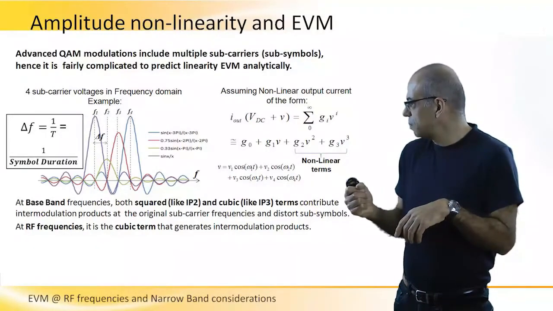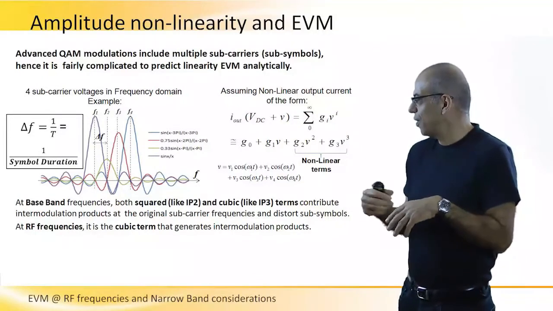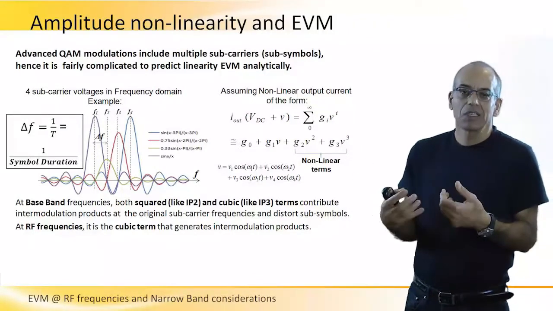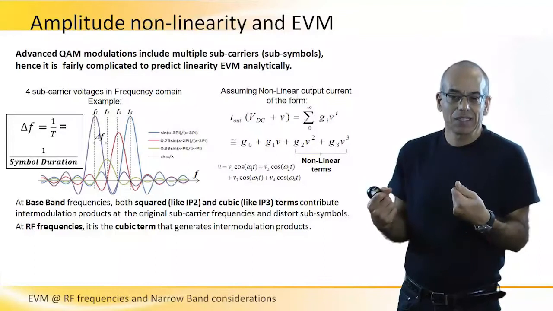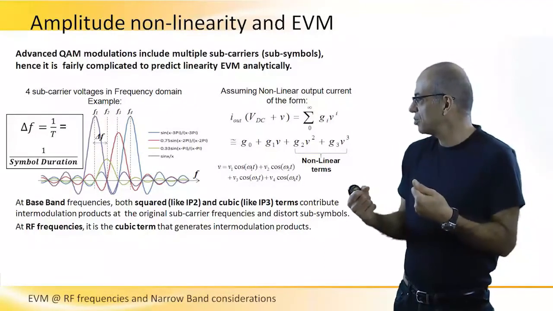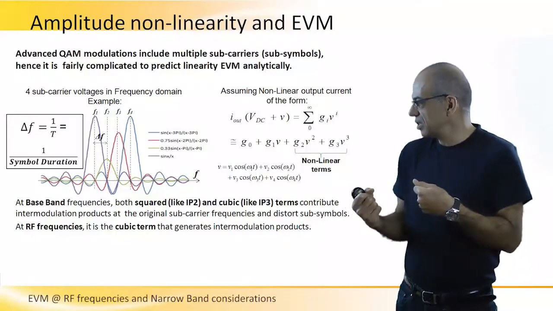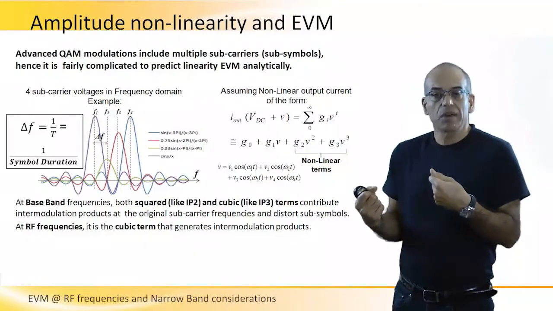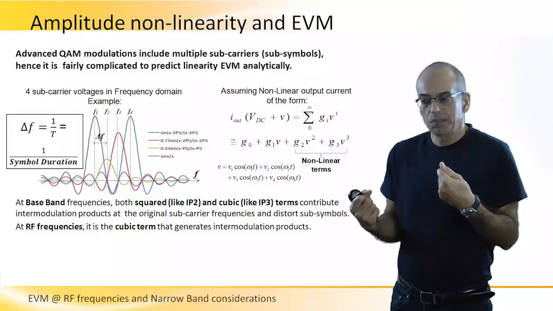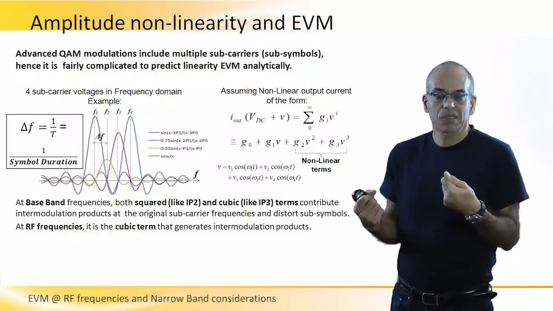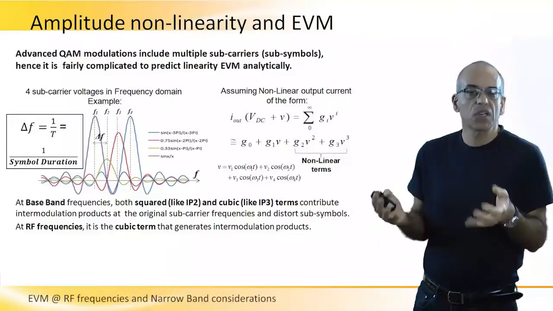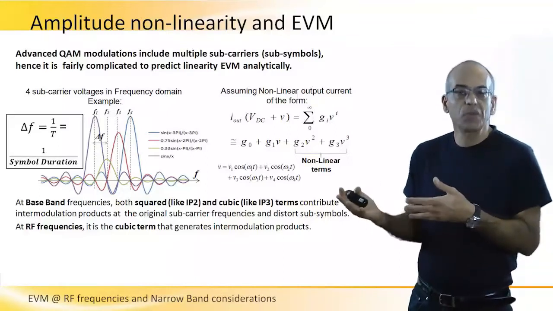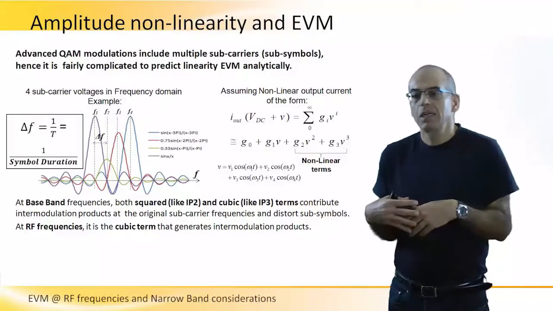However, the simplicity of explaining this is not very helpful when we try to avoid these issues of nonlinearity, because they are a very important and strong impairment in the total EVM impairment. We mentioned peak to average before.